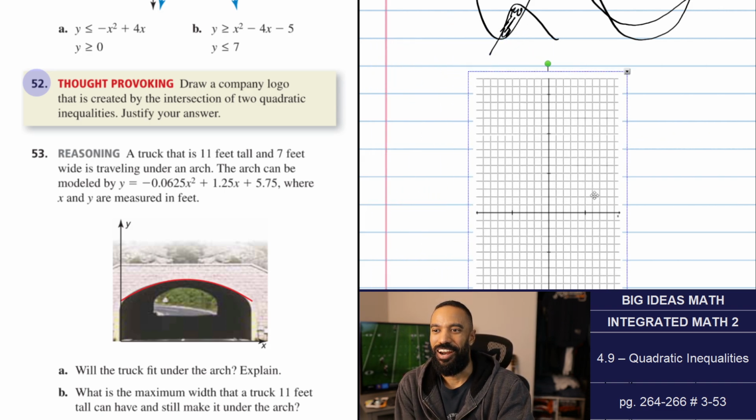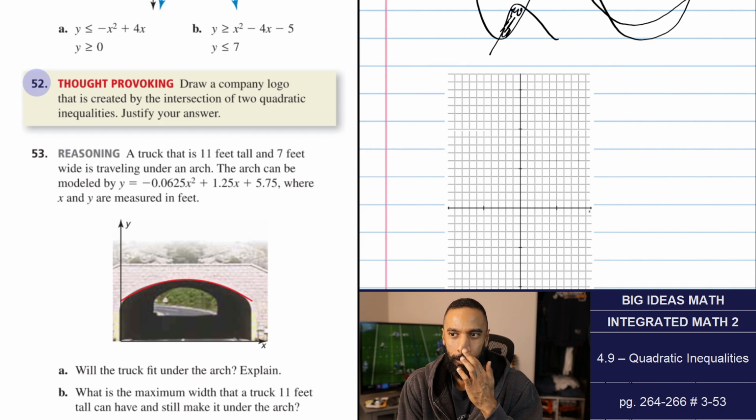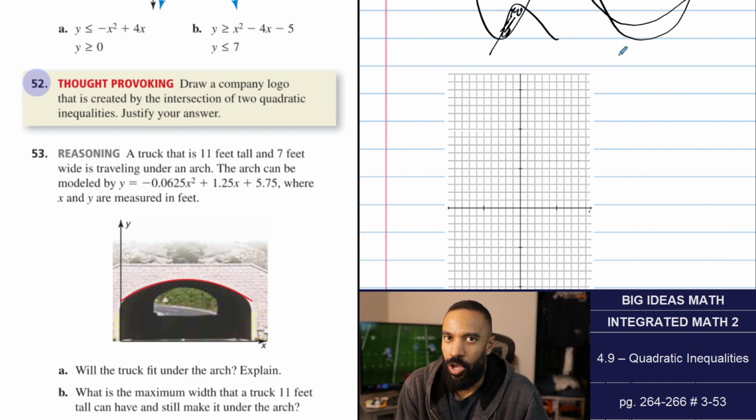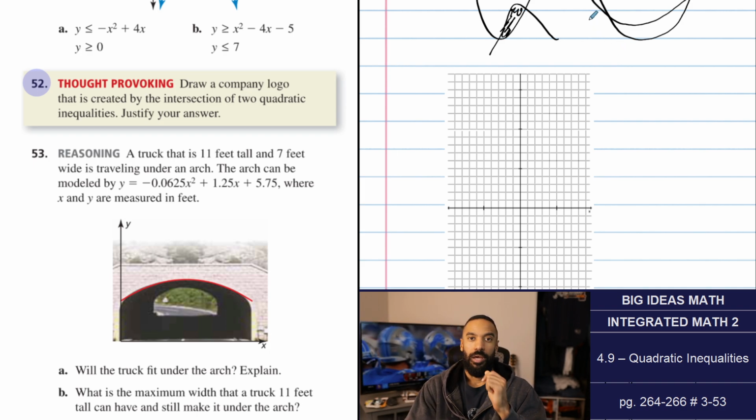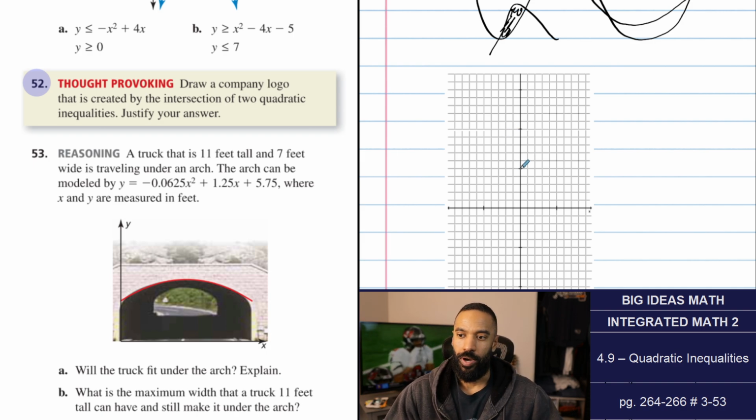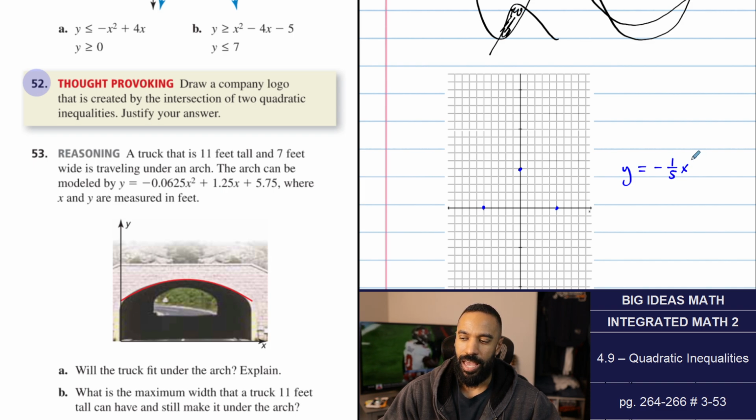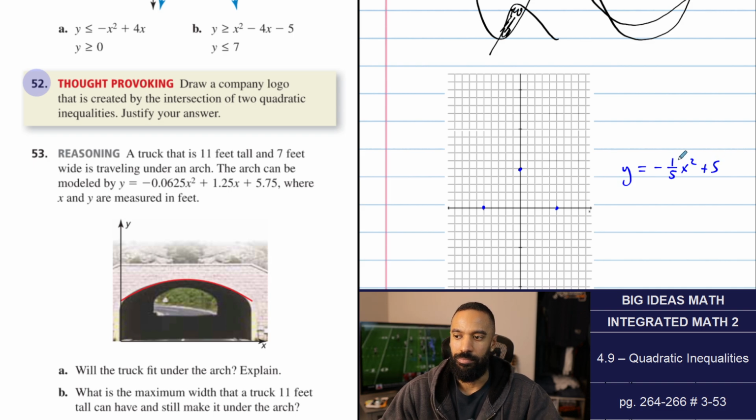Okay. All right, I'll do like a rainbow, I'll do like a car wash company that has like a rainbow set of parabolas. So I'll do one that's going like here, and this will go over 5 down 5, which is negative 1/5 x squared. So that's one of them.